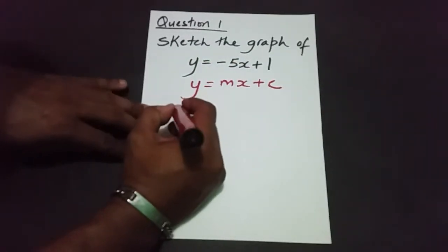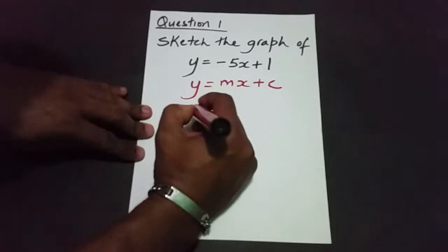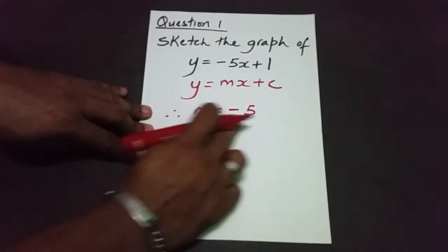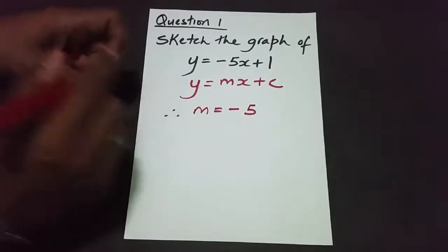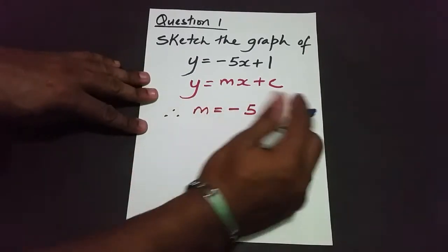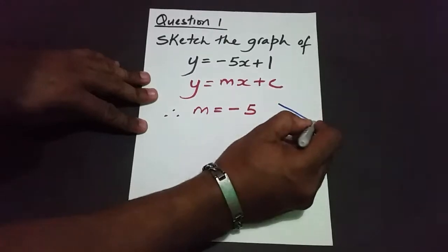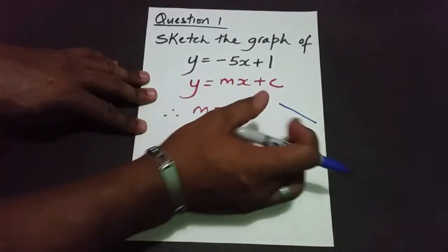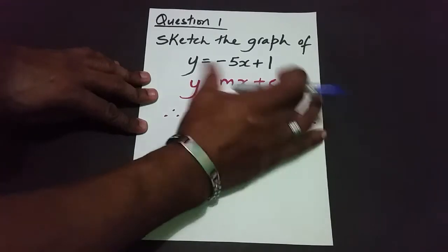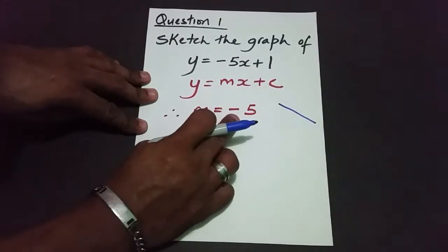So what that means is, therefore, the gradient is -5, and this would give us a very good idea of how this line would be falling. Based on that gradient, we know that the line is going to be falling in that direction because the gradient is negative. So this gives us an idea right away of what the graph of this equation will look like based on the gradient.